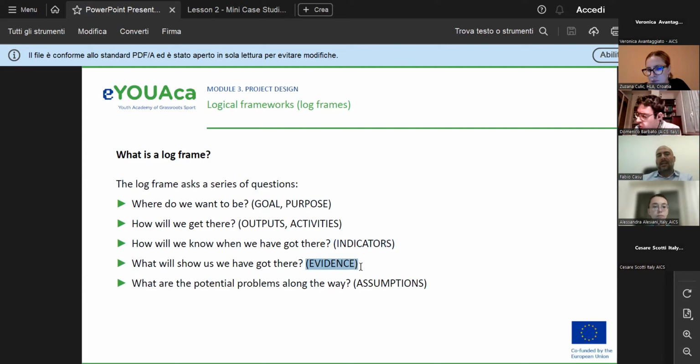Okay, and at the end, in the log frame, you have to consider assumptions. What do assumptions mean? It would be very easy if I had a purpose, I did these activities, and through these activities I reached the purpose. It's too easy. Why? Because a lot of times you can reach the purpose only if other things happen, things that are not related to your activity.